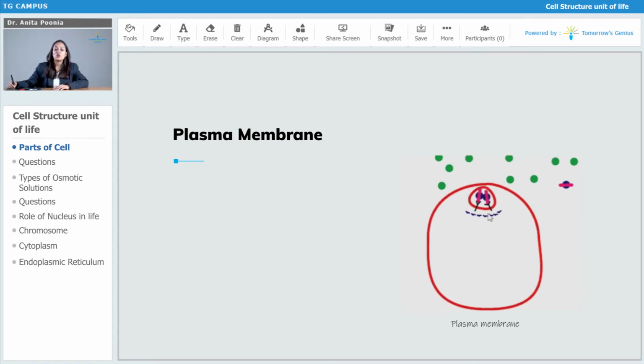Okay, so now what is happening here? You could see that the material that is lying outside is taken in. You could see invagination, just like in amoeba, you have seen that it engulfs any foreign material, it forms a vacuole and then it takes it in, right?